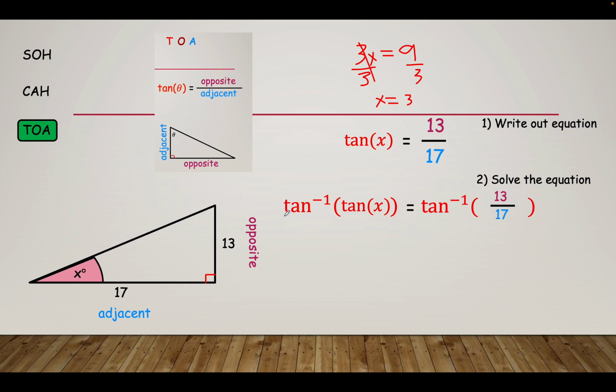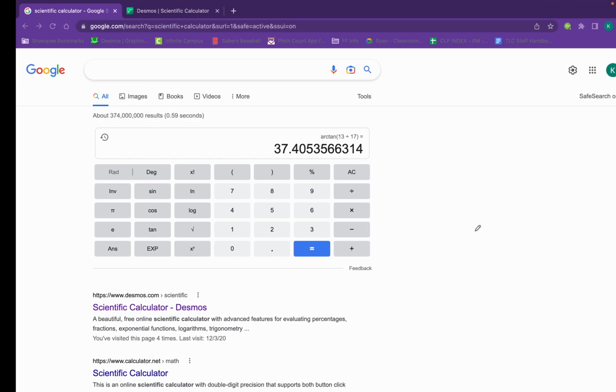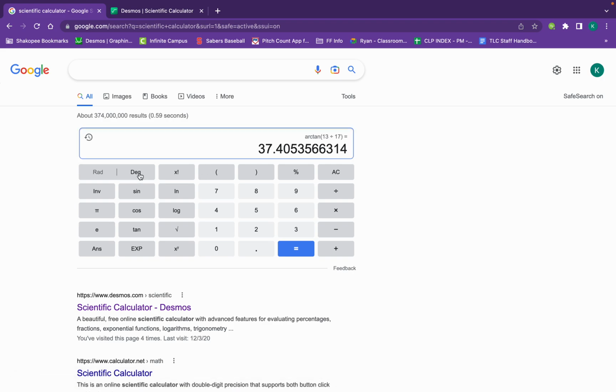On this side, the tan negative 1 and tan get to cancel out, so that we're just left with an x, and then we need to use our calculator to help with doing the tan inverse of 13 over 17. So we go to our calculator, we make sure we're in degree mode, and the inverse, so INV, that's how we get this function to show up.